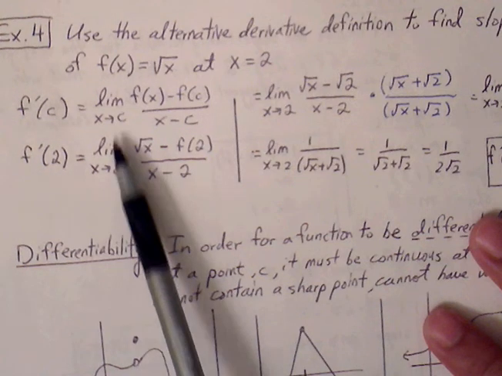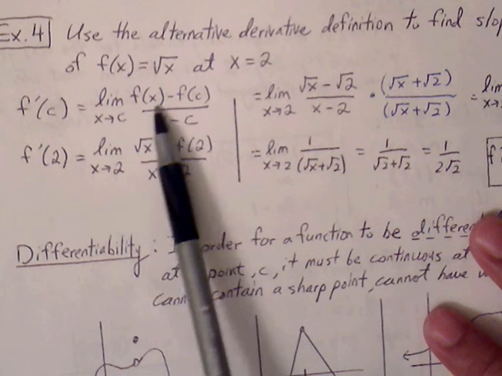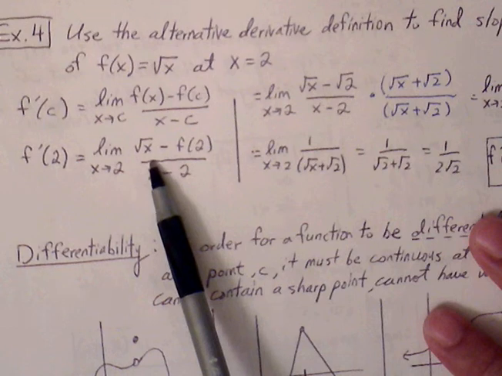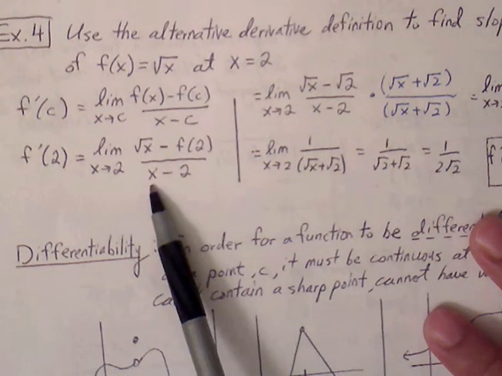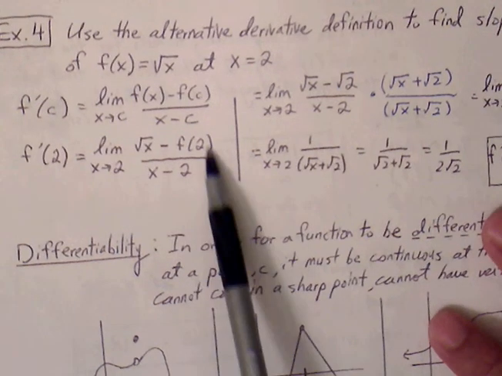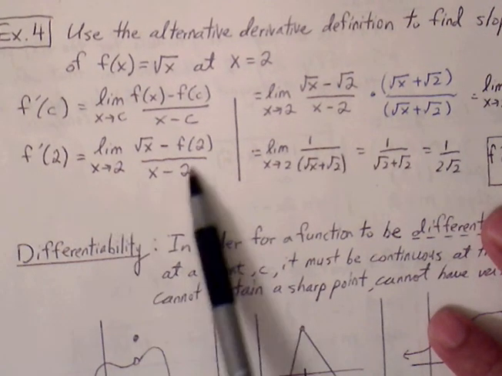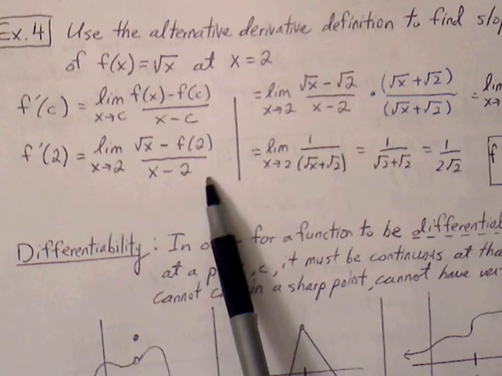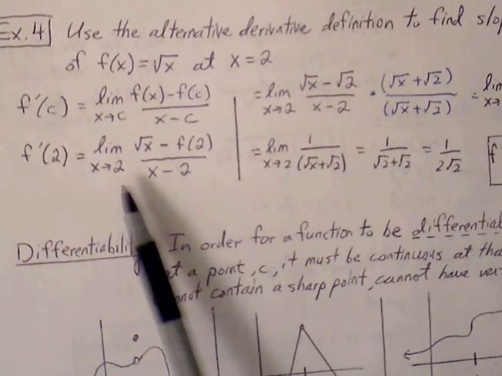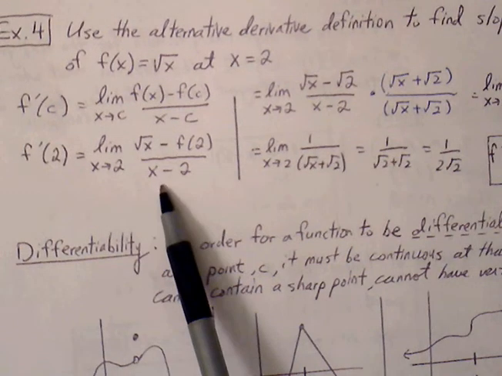Limit as x approaches 2, f of x, which is root x, minus f of 2 all over x minus 2. So now we're going to treat this like we would a limit problem, with algebraic steps involved. We're going to plug 2 in for x first.